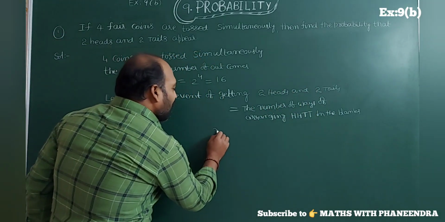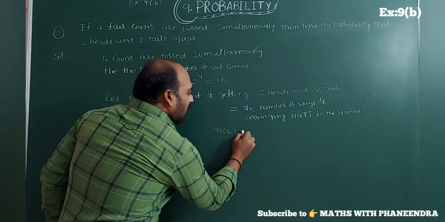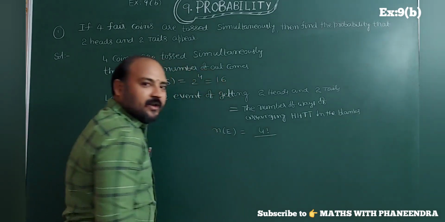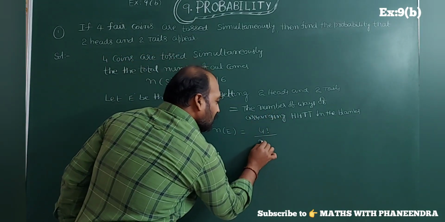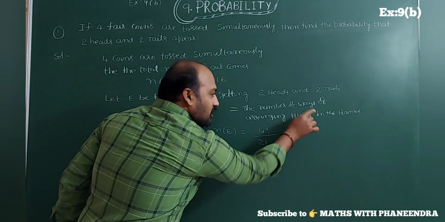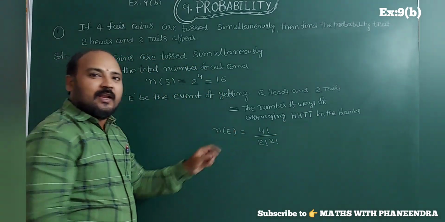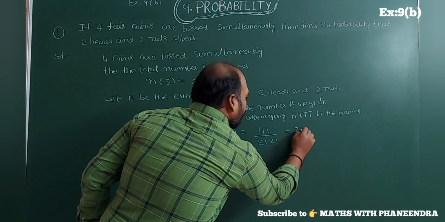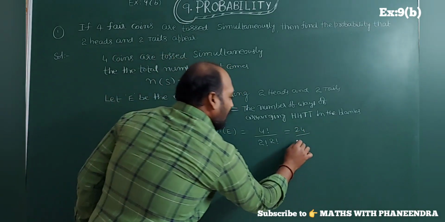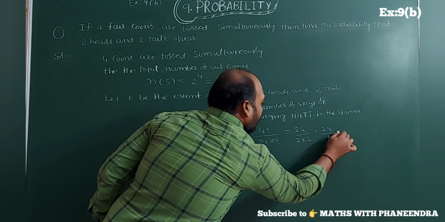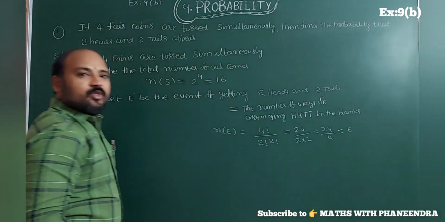Therefore, n of E equals 4 factorial divided by 2 factorial for the 2 alike heads, and 2 factorial for the 2 alike tails. So 4 factorial is 24, divided by 2 into 2, that is 24 by 4, equal to 6.